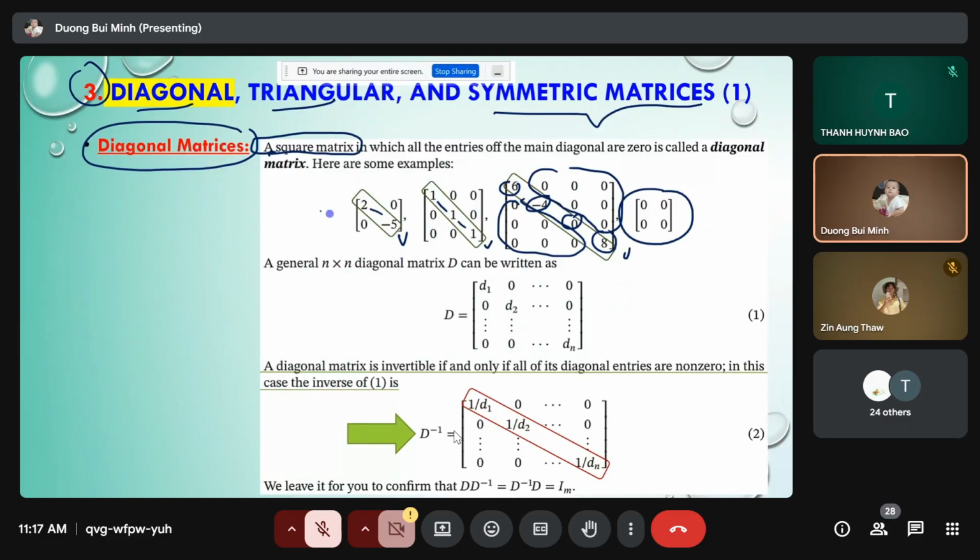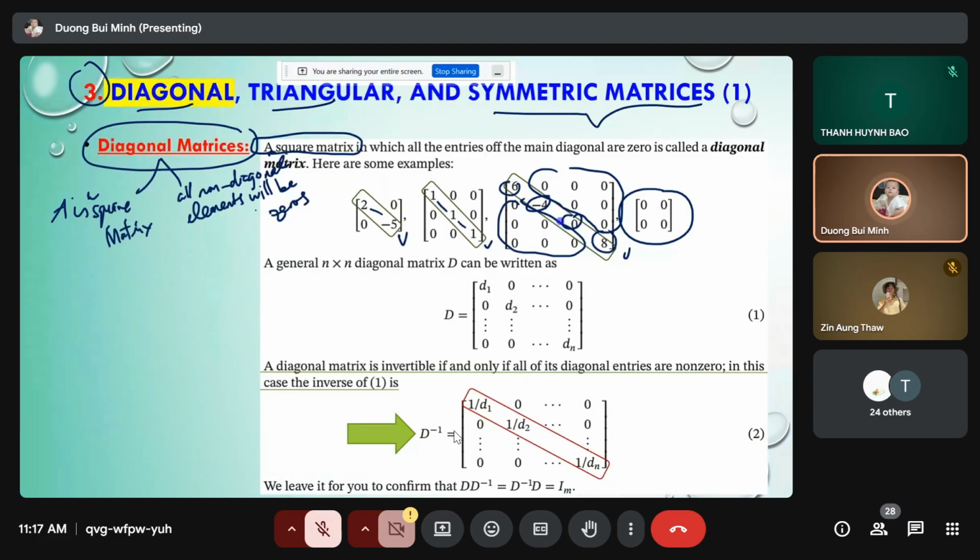So to conclude: A is a square matrix. This is the first requirement. And then the non-diagonal elements will be zeros.